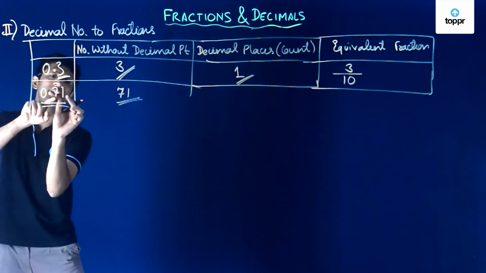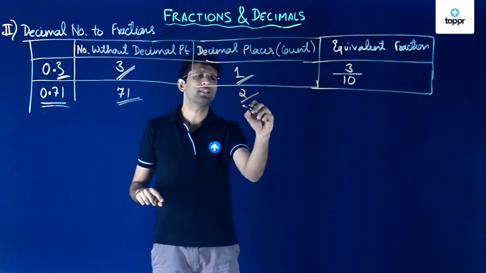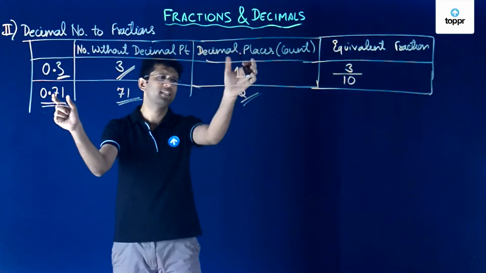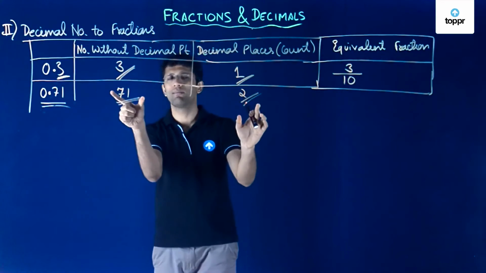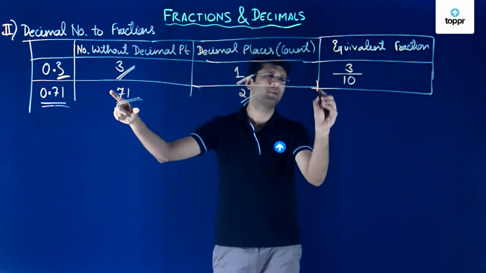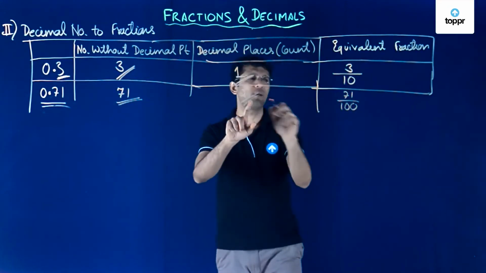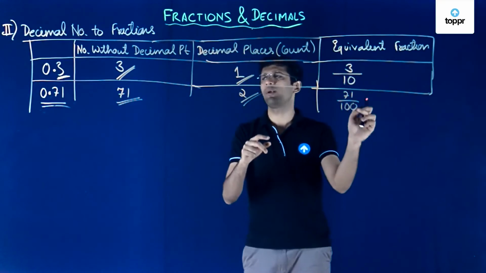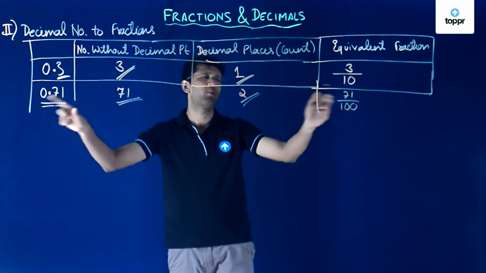The number of digits to the right is 2, and so I will write 2 here. Because this count is 2, I will now divide this number by a power of 10 that has 2 zeros. So I will write this number as 71 upon 100. This decimal number is equal to 71 upon 100.